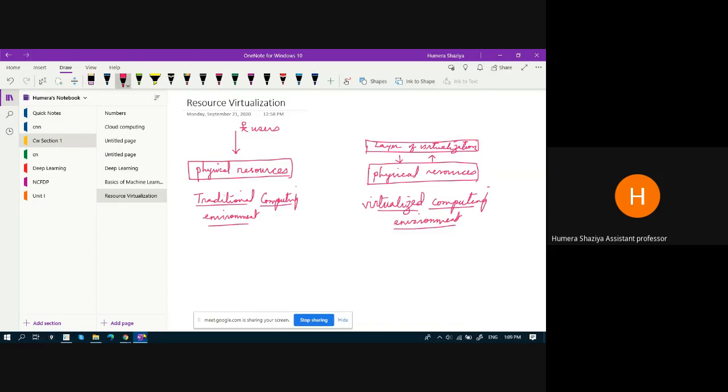Then you have virtual resources, and users access them.